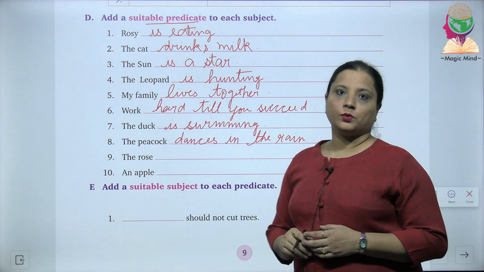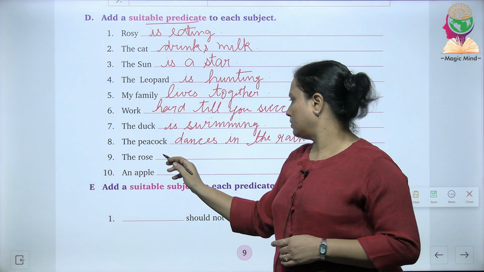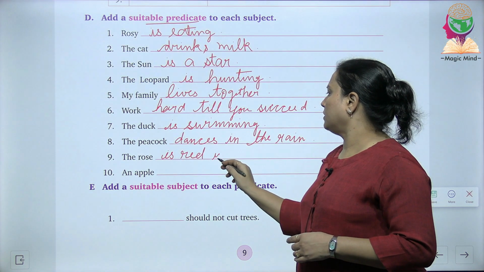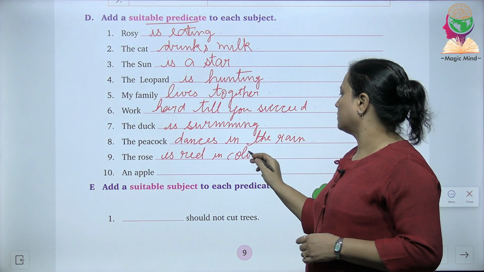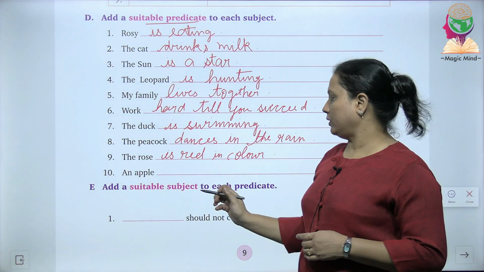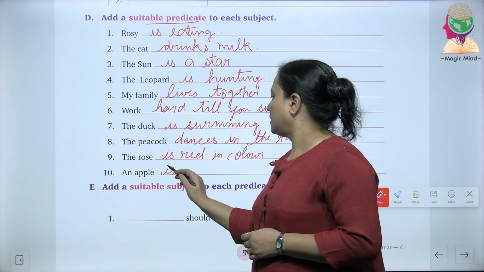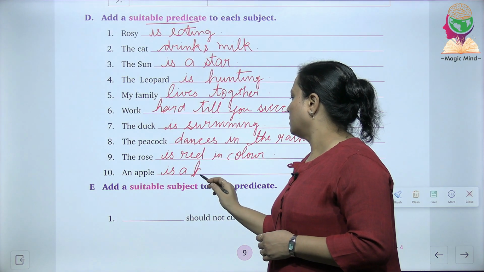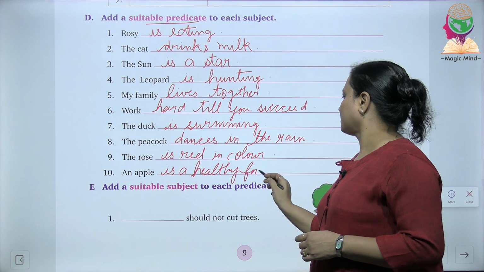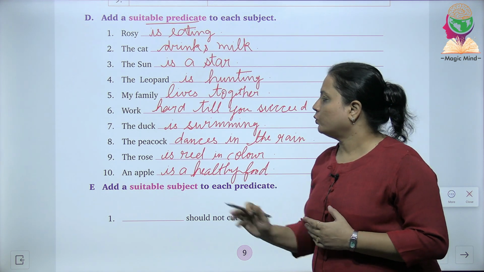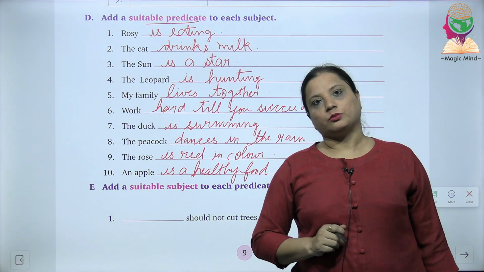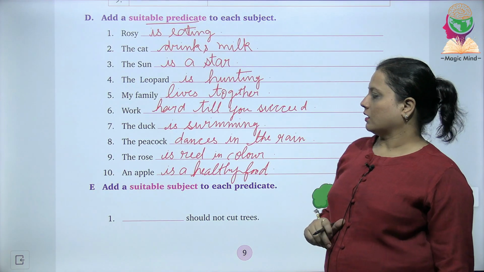Then the 9th one, the rose is red in color. And the 10th one, that is the last one, an apple is a healthy food. So with this we have written all the suitable predicates for these subjects, and hence the question is completed.